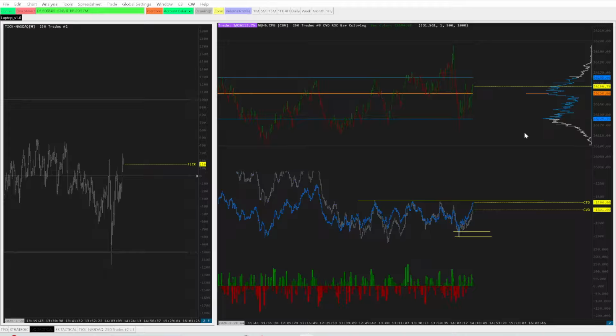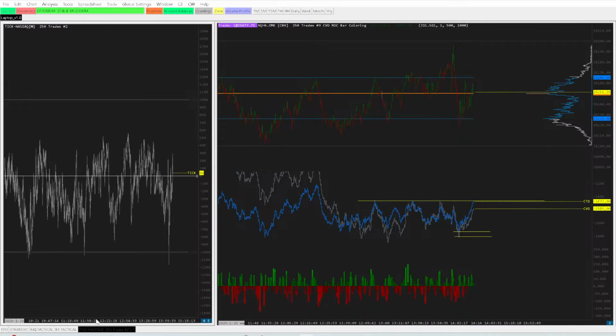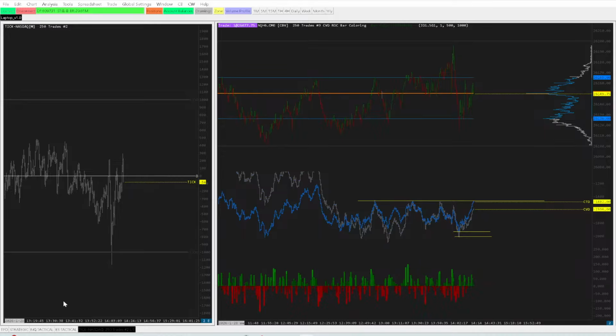Of course, it can turn on a dime. It did kind of put in a new high there. I don't like buying on pushes in the tick. I'd rather buy on a pullback.